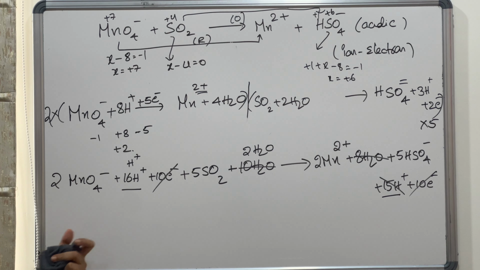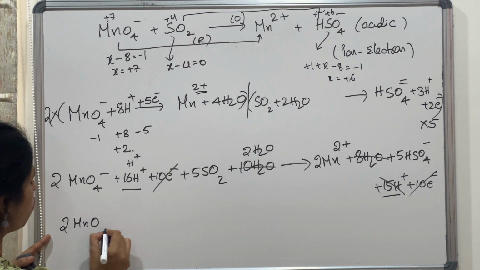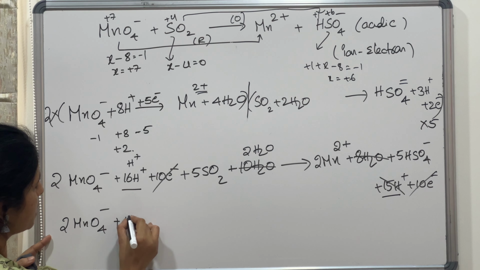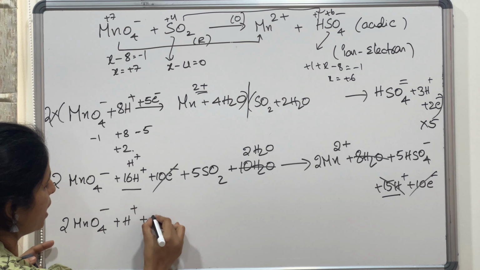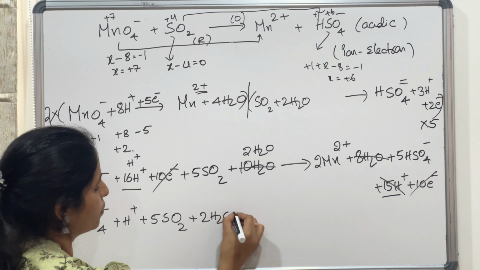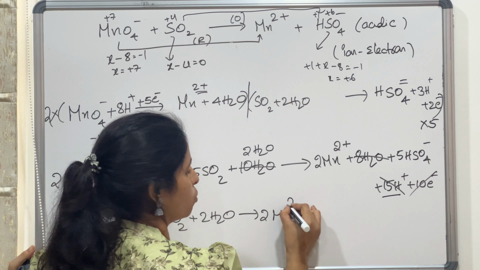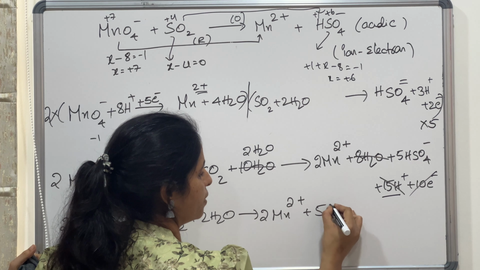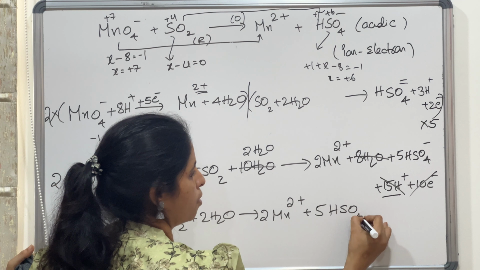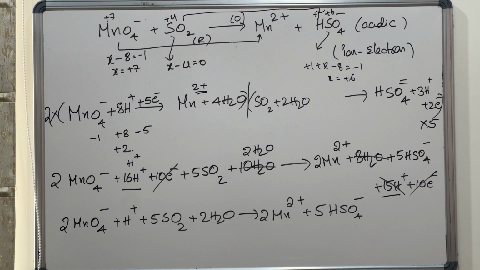Okay, so remaining as it is, you write 2 MnO4 minus plus H plus, 5 SO2 plus 2 H2O gives rise to 2 Mn2 plus, 5 HSO4 minus. That's it.